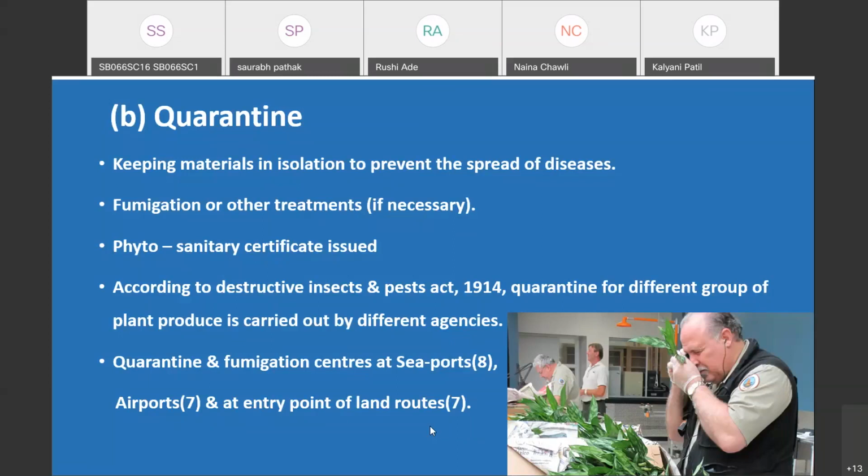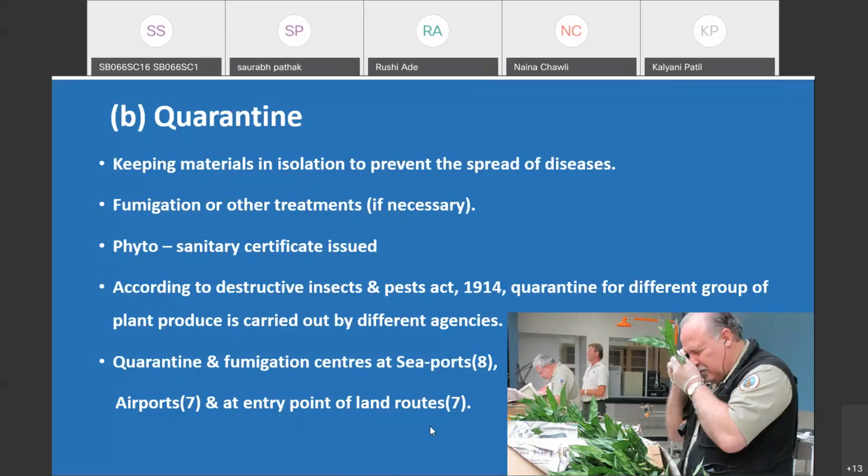Quarantine and fumigation centers are established at 8 seaports, 7 airports, and 7 land routes. Okay, that is the important step in the introduction of the plant material. That is the quarantine.